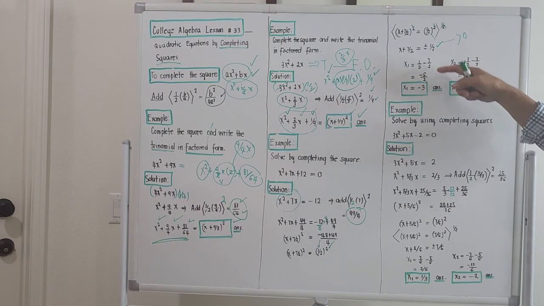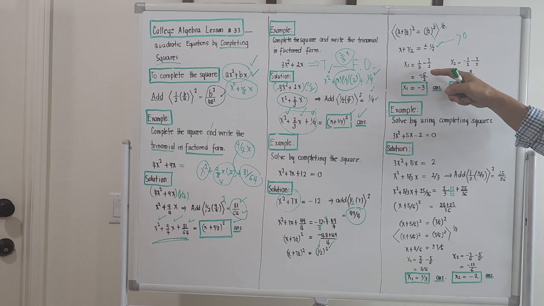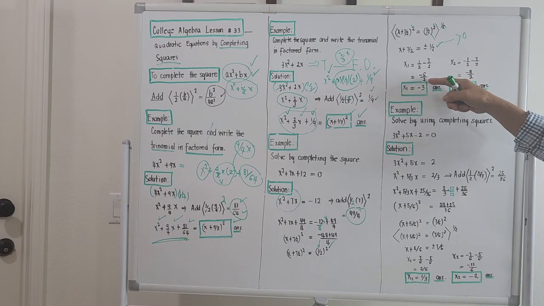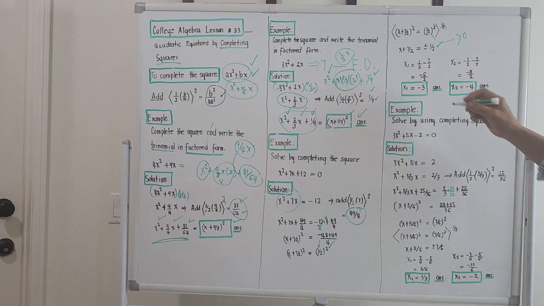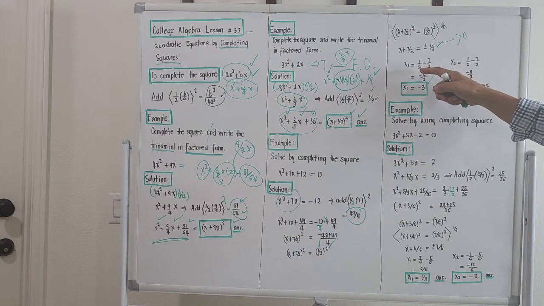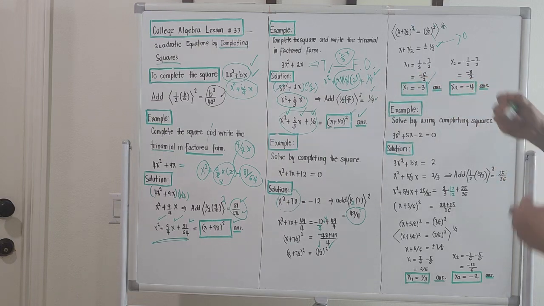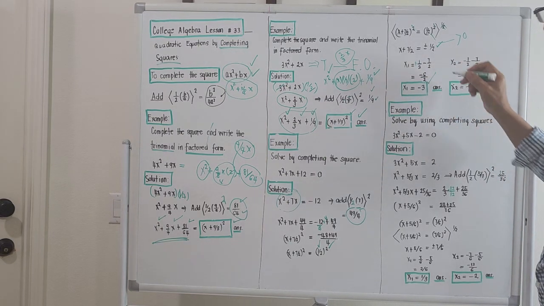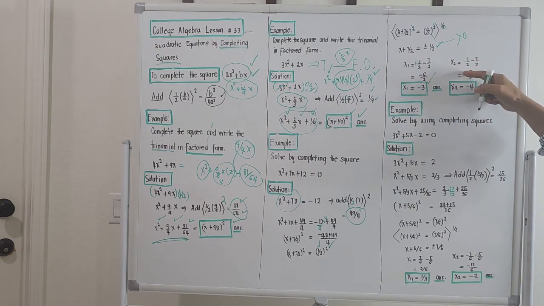Same denominator, so 1 minus 7 will be minus 6, all over a common denominator 2. So x1 now will be negative 3. Using the negative sign, we are through with negative 1/2, next one, minus 7/2.